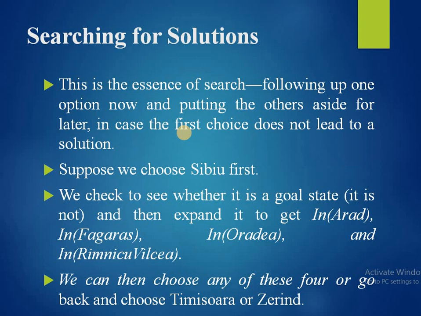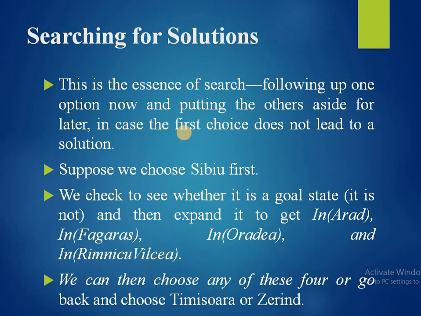This is the essence of search: following up one option now and putting the other aside for later, in case the first choice does not lead to the solution. Then we have to consider the other.